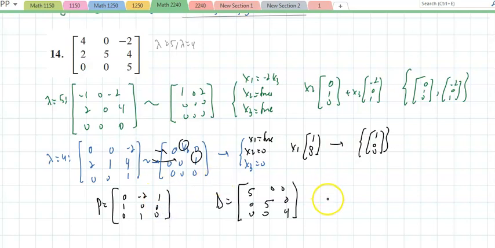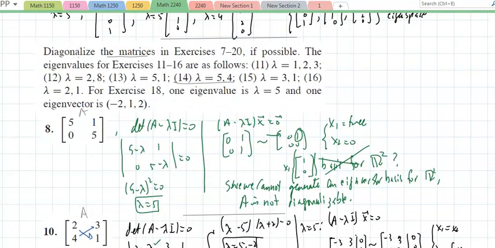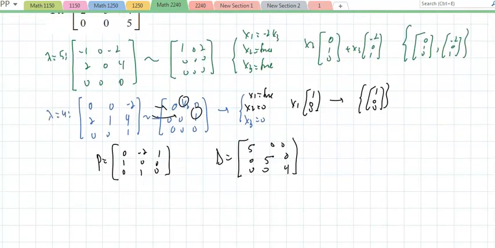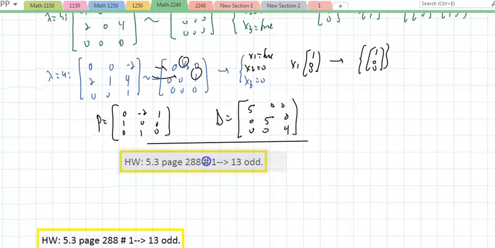To find the inverse of this, I would have to work it out. But the problem says diagonalize the matrix if possible, and they give you the eigenvalues. Actually, that's all they wanted. They didn't say find the inverse. And there's your homework.